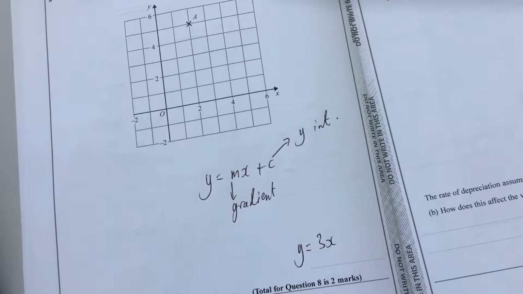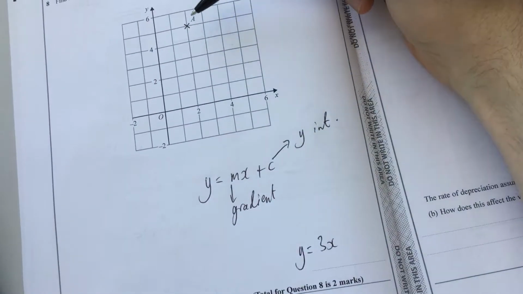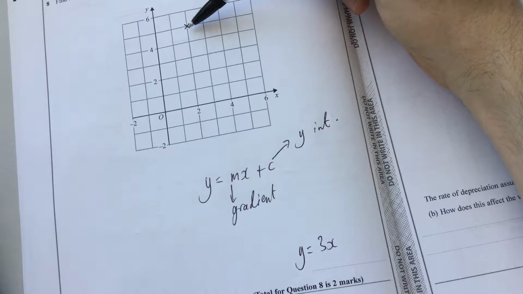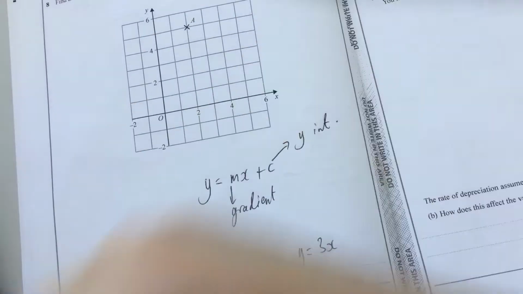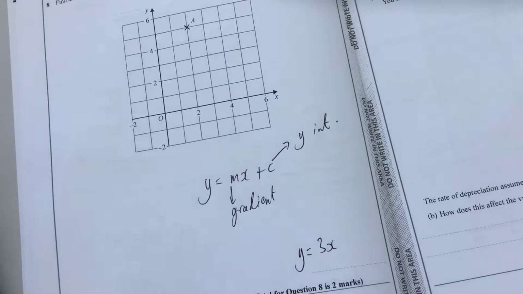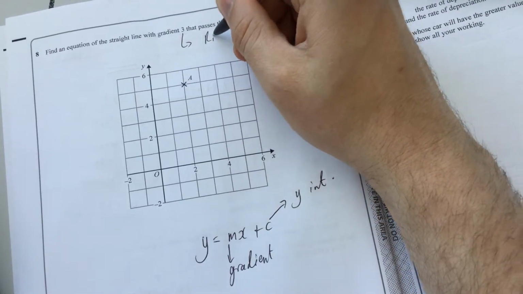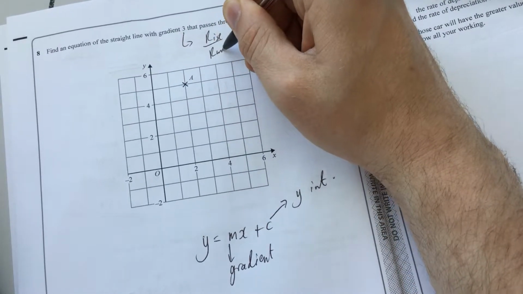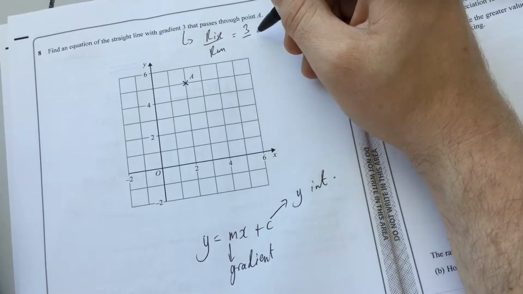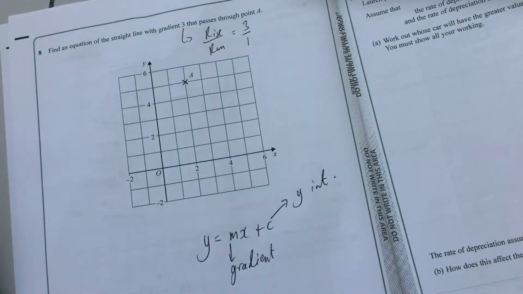There are a couple of ways to do this one. You can take the coordinate and substitute it in and find it that way. Or you can be clever, as they've given us a grid, and use the gradient to plot the other coordinates. If the gradient is 3, remember it is the rise over the run, so that's 3 over 1.